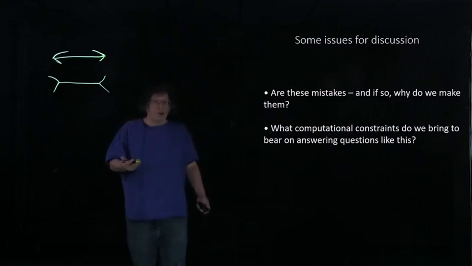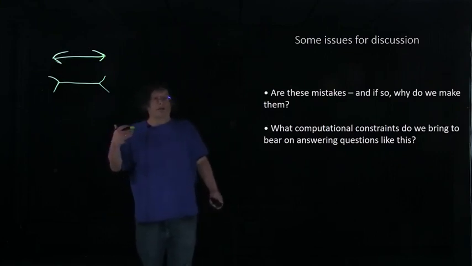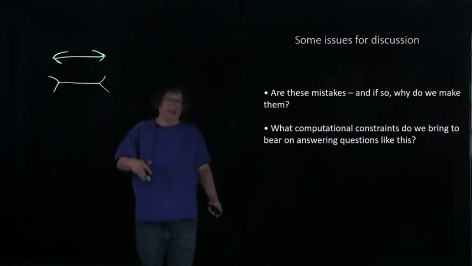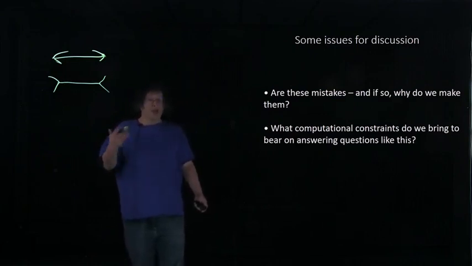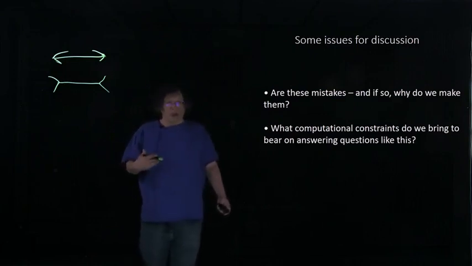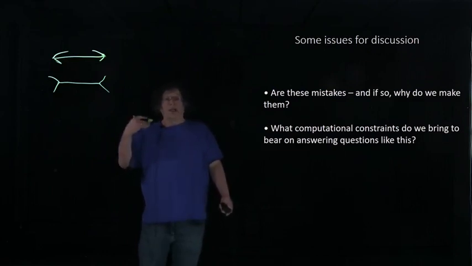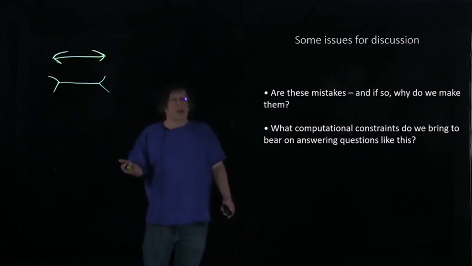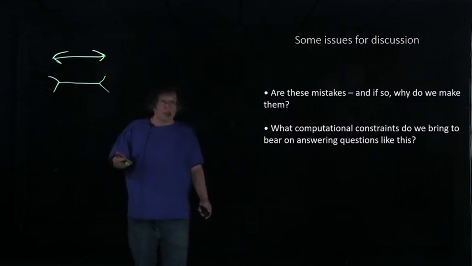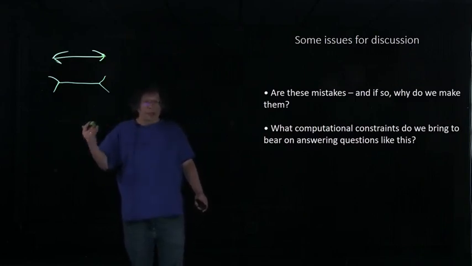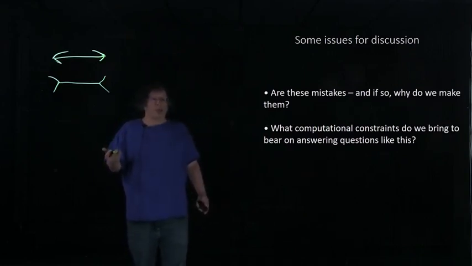Can we design programs that are far less likely to make these kinds of errors than human beings are? Those are interesting questions. And as we continue to talk about the judgment and decision-making literature, we'll touch on some of these debates.